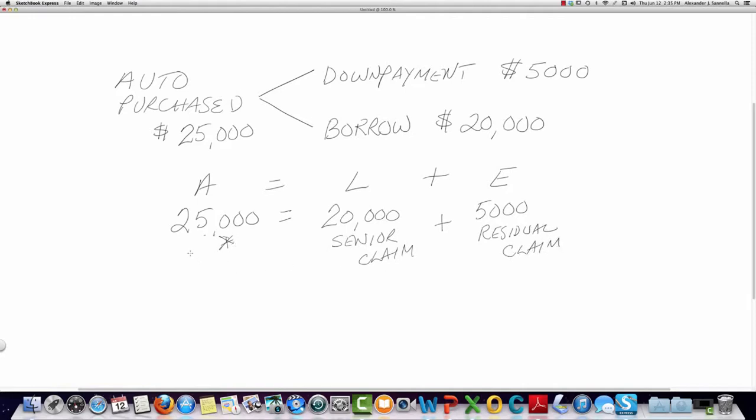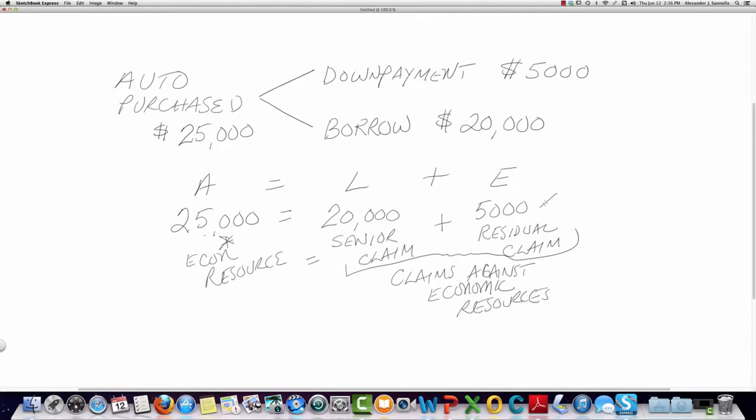And again, the asset is your economic resource, and these are the claims against the resources. Once again, the residual claim or the equity is going to be your claim or your owner's claim.